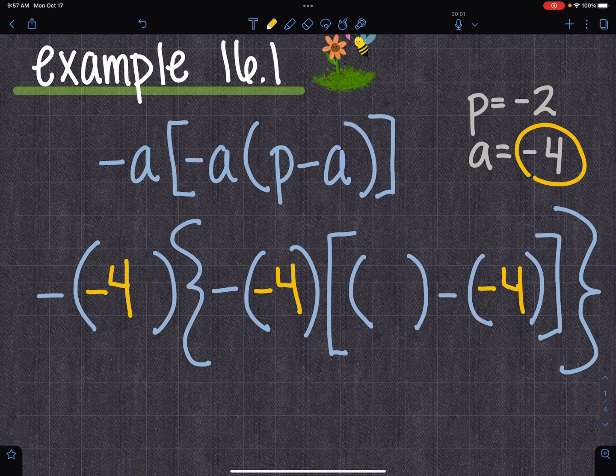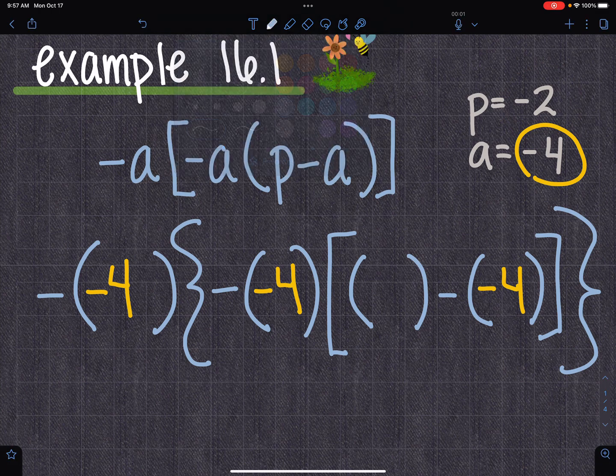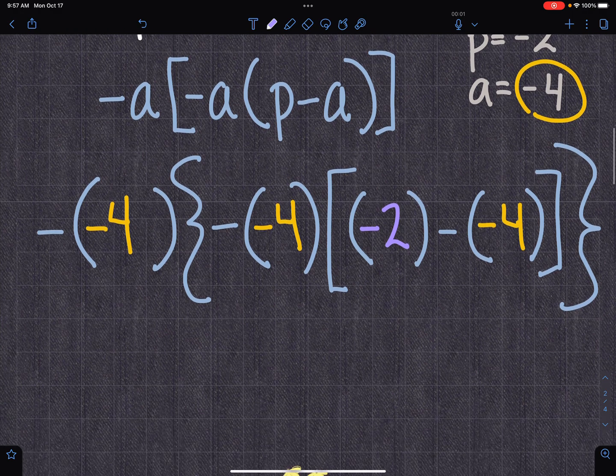All right, the next thing I'm going to do is plug in that -2 for the P. Let me use a different color so it doesn't get too confusing. I already used that color. Let's use purple. So there's only one P, and I'm going to put a -2 there. Okay, the last thing that we do is simplify.